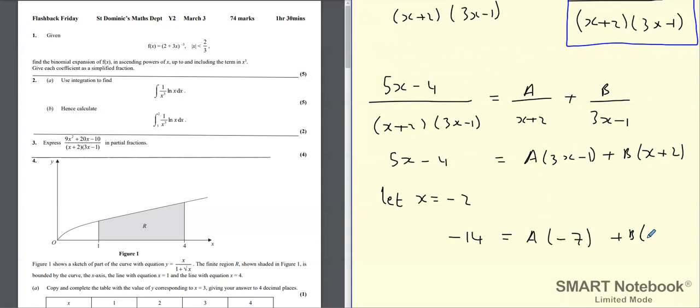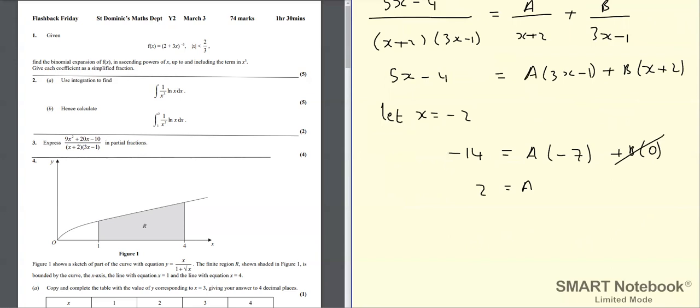And we get B times 0, so that cancels out. And so we get A equals 2. Now the next thing we could do is let x equal anything. There would only be one unknown.